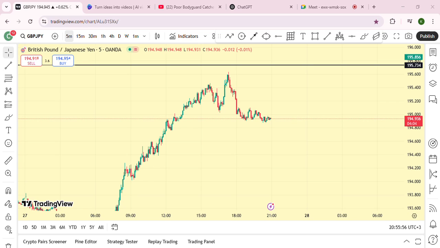Free margin, the amount of money that is available to open new positions, is calculated by subtracting the used margin from the account equity. Once you do those calculations, you're going to see everything reflected there, right?